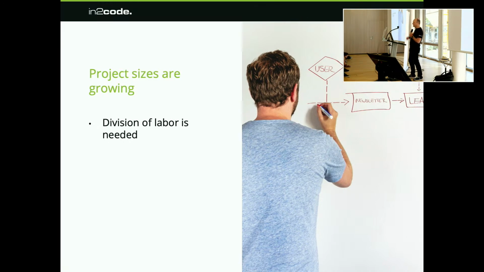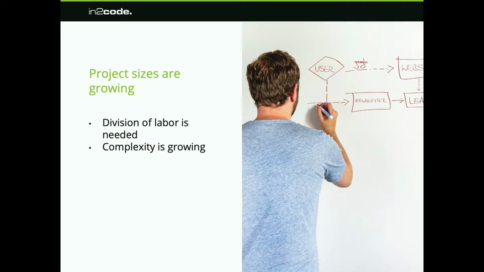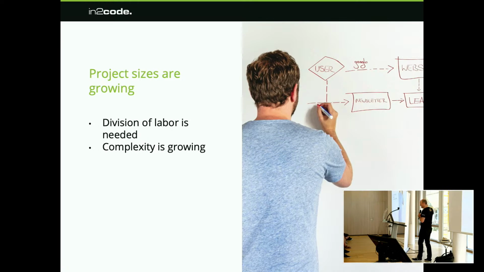You need specializations, for example, people who are experts in XSpace, or people who are experts in Solr, or people who are doing that crazy HTML and JavaScript stuff, which I will never understand in my life, and I will hopefully never do something like this. And also, if project sizes are getting bigger, the complexity is increasing because people will call you and say, hey, you are an expert for TYPO3, and I think you can solve our problem with an interface to system XYZ.